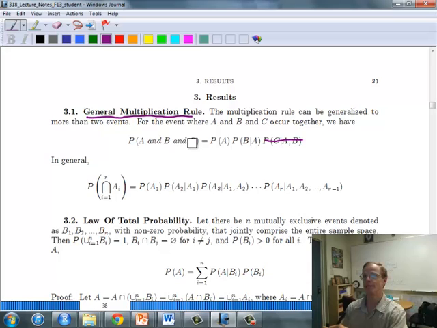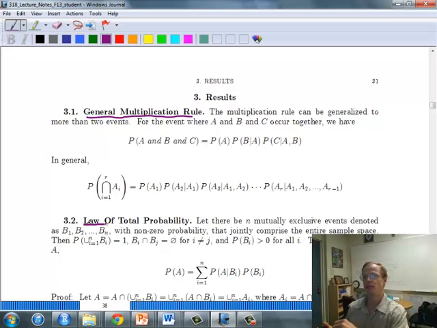This can therefore be extended to more than two events as such. Note the notation, this bar here is given events both A and B. Generalizing, this is probability of A1 and A2 and A3 and so on. It doesn't look real great, but the idea is it can be generalized.